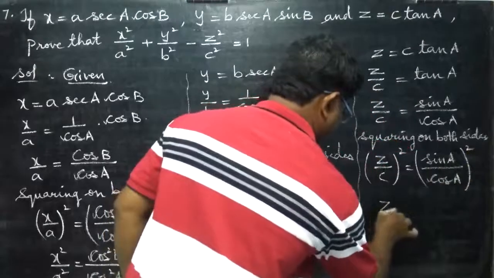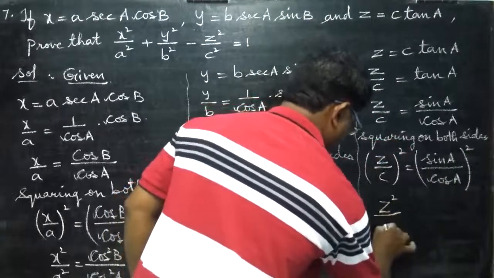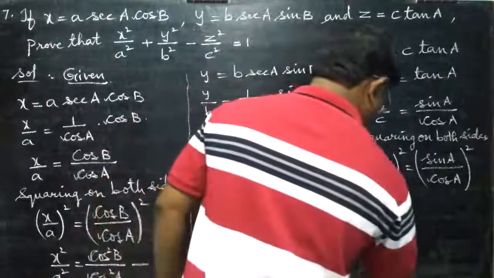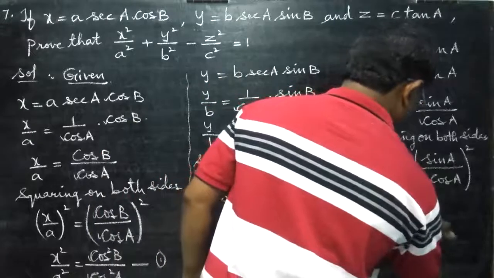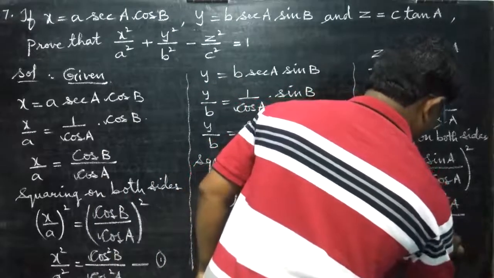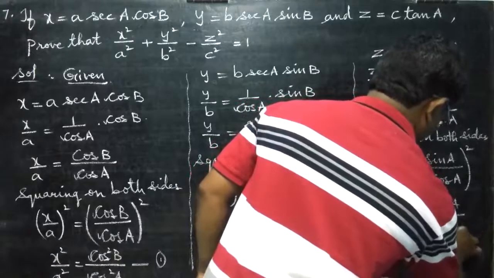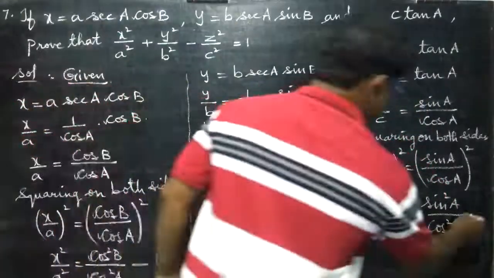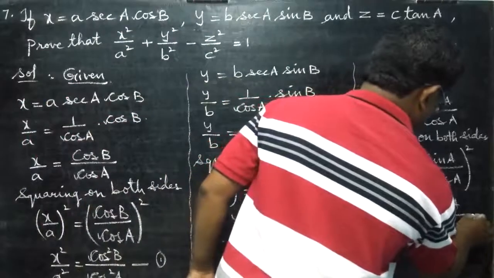So z square by c square is equal to sin square A by cos square A. This is the third equation.